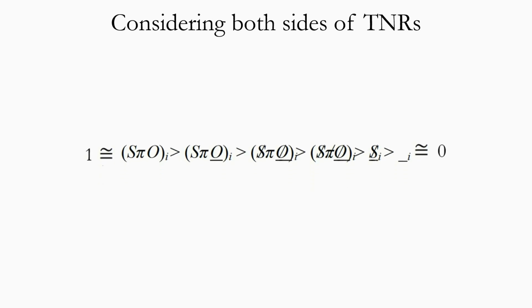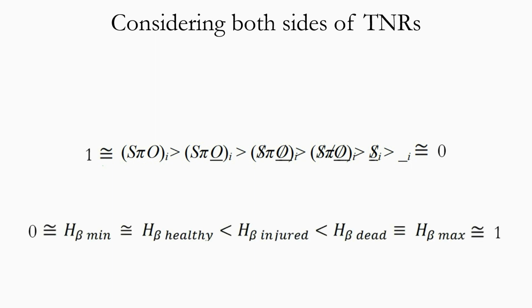We find that TNRs have two distinct sides or aspects. They're demonstrated empirically in what the physicists have called quantum entanglement, or what I call the connectedness of TNRs. On the positive side, we find information going from 100% to 0. On the negative side, entropy going from 0 in a healthy person to 100% in a dead person.